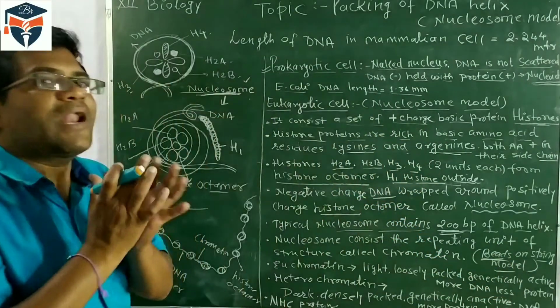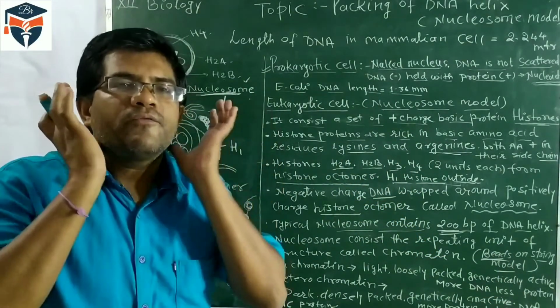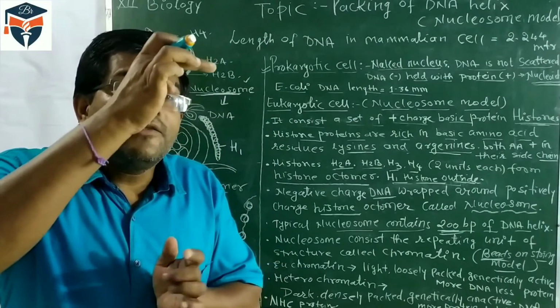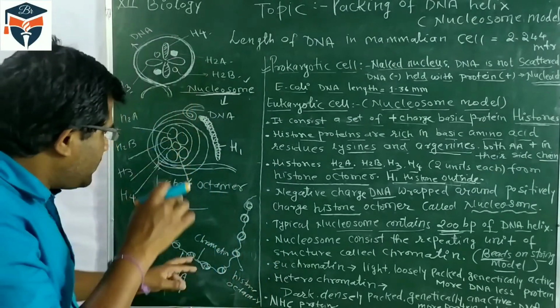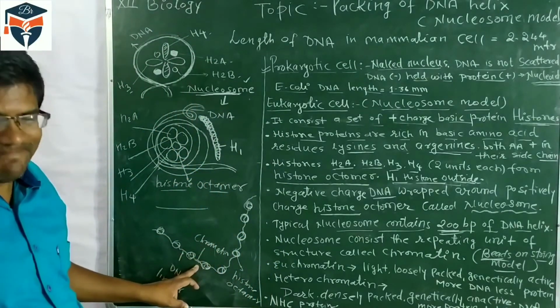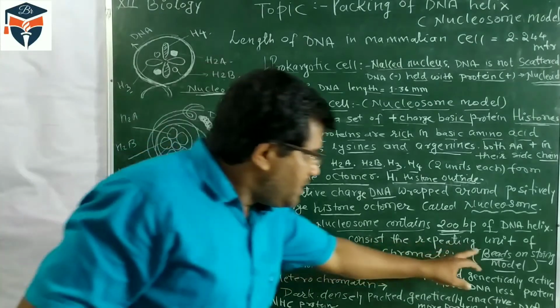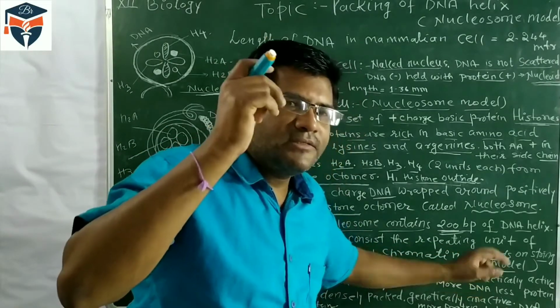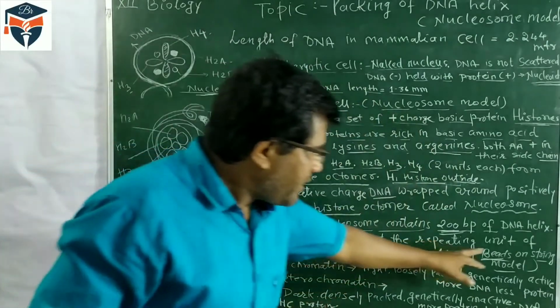If you see a garland, which many women wear around the neck, there is one thread-like structure. So what is the thread here? The chromatin fiber. And the beads are the small beads inside the thread.